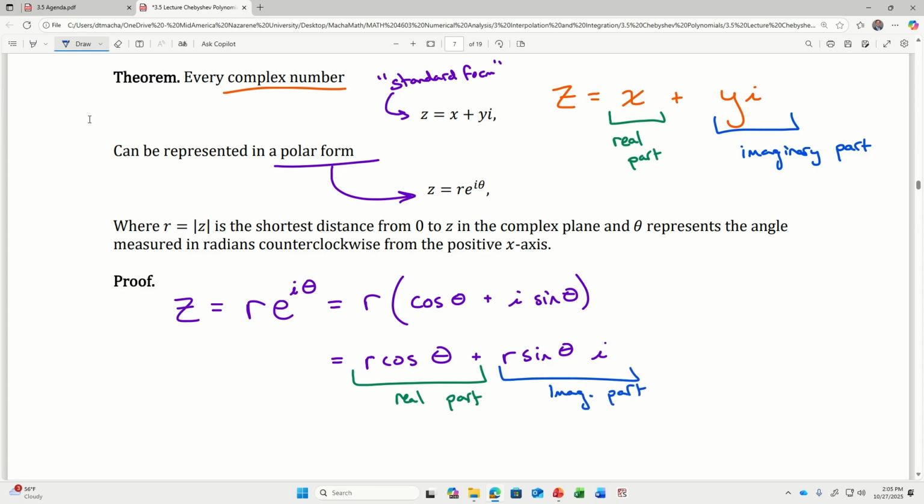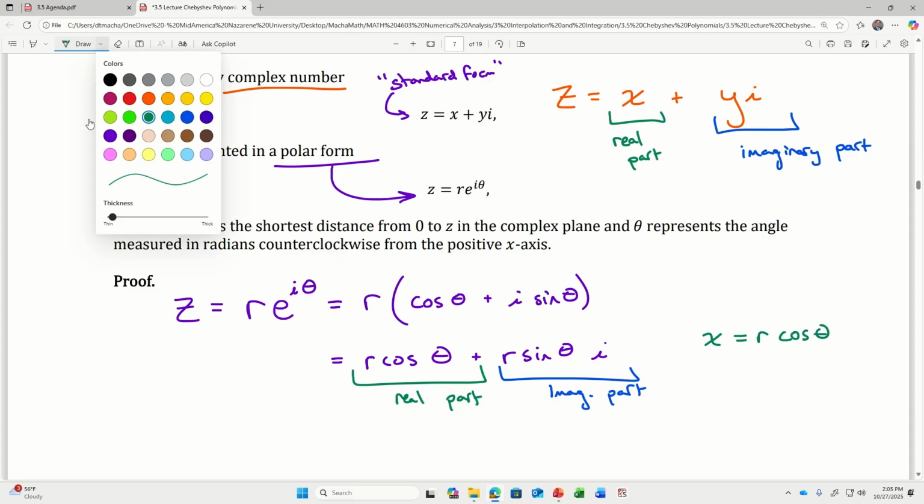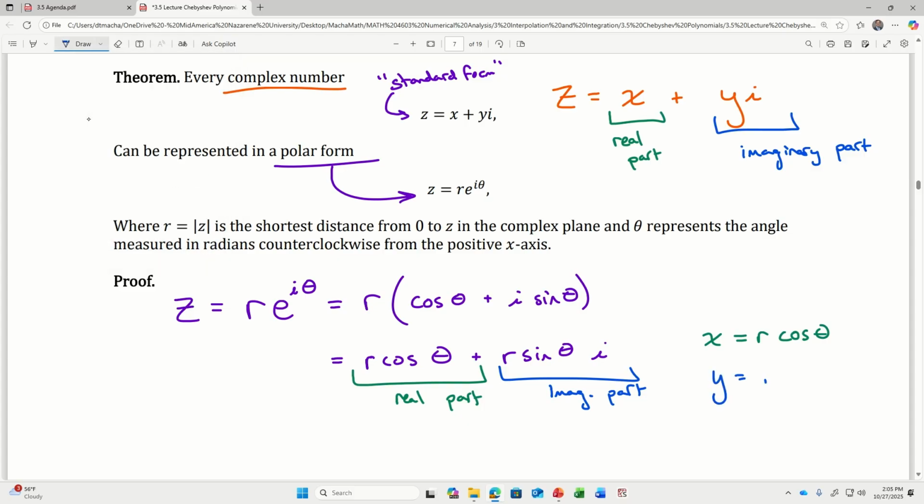So I could say, for example, if I wanted to convert this back to a standard form, I get the x coordinate by r cosine theta, and I get the y coordinate, or the imaginary part, by r sine theta.